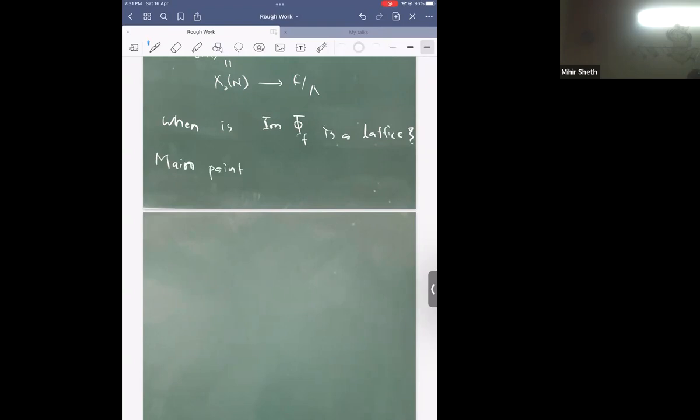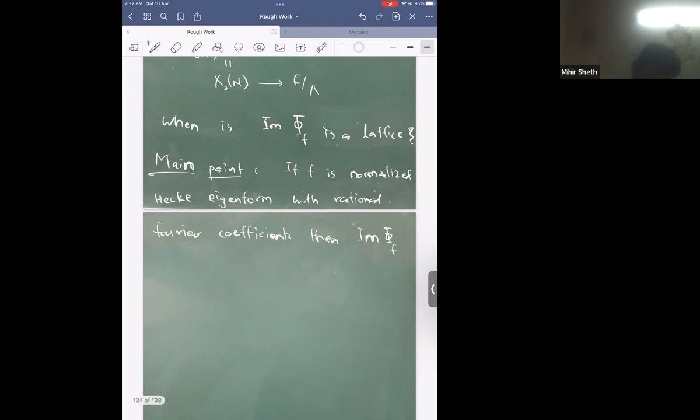The main point is that if f is a normalized Hecke eigenform in S_2(Gamma_0(N)) with rational Fourier coefficients, then the image of phi_f in the additive group of complex numbers is a lattice.